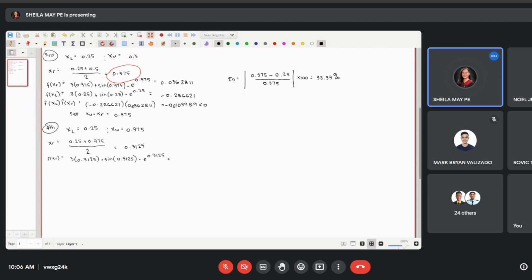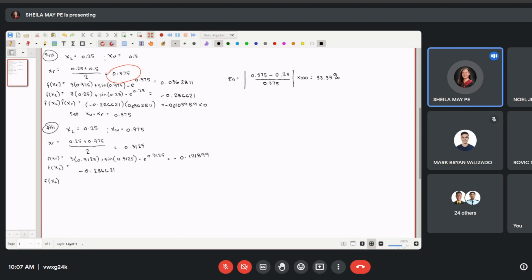This would be negative 0.121899. So for our function of x sub L, that's 0.25. So that's negative 0.286621.